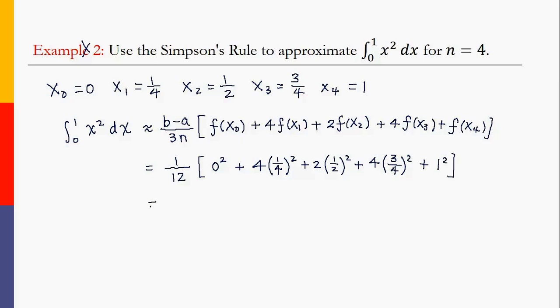Again, plug this into your calculator. You get exactly 1/3, which is approximately 0.3333. As you can see, using Simpson's rule with n equals 4, we get the exact value of the definite integral.